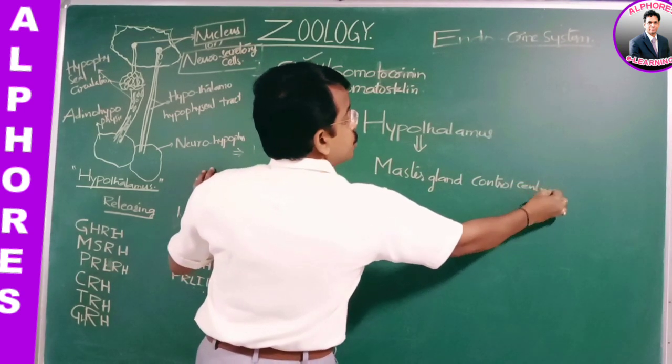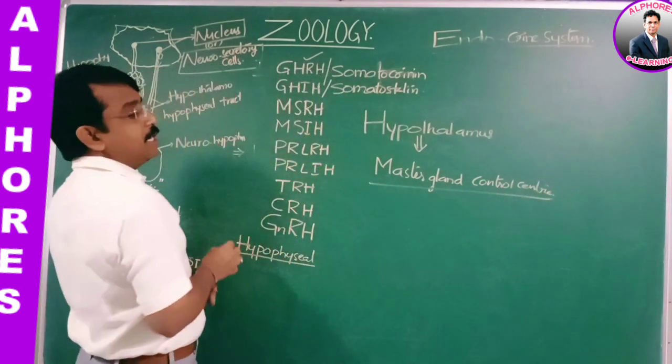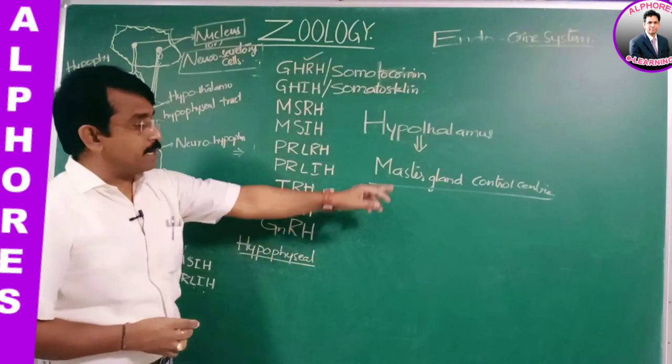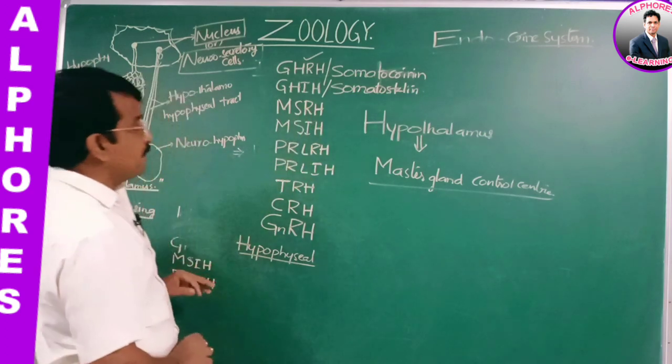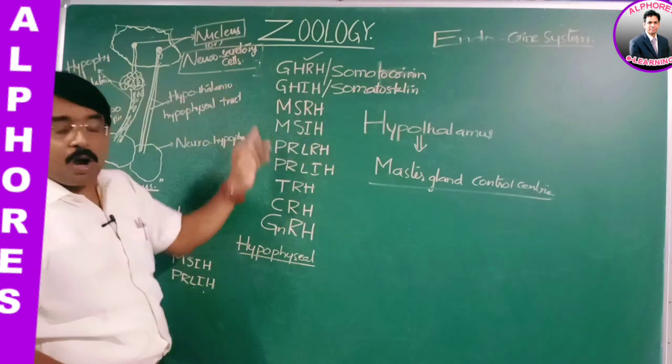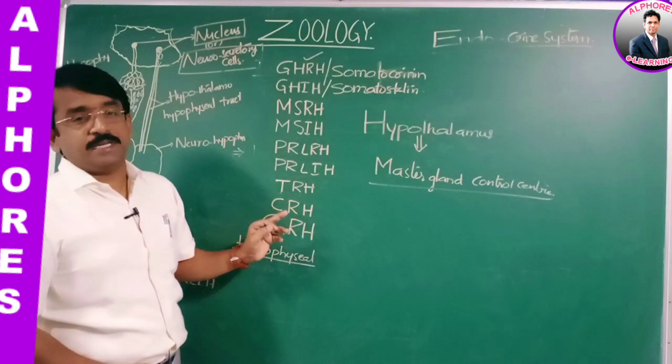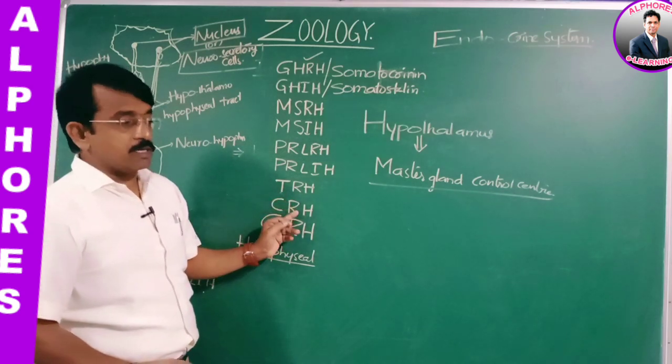Now you are clear why the hypothalamus is the master gland control center. Is it clear? Right? So this is how the hypothalamus is the master gland control center.